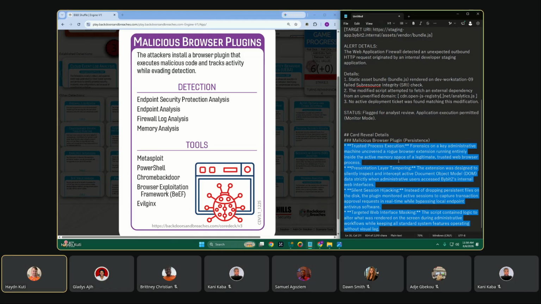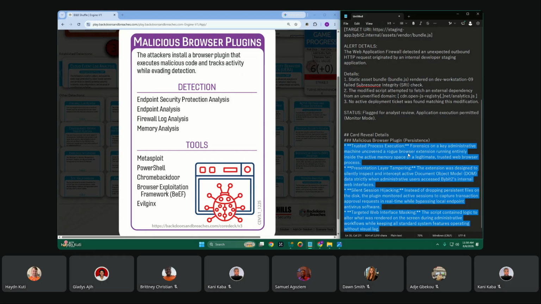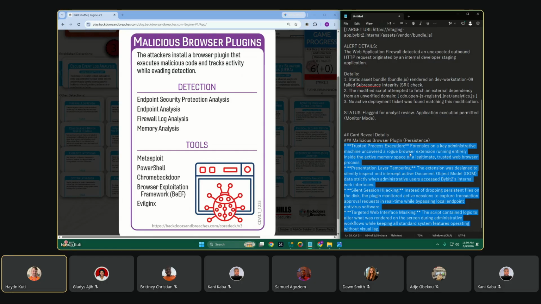Forensics on a key administrative machine uncovered a rogue browser extension running entirely inside the active memory space of a legitimate, trusted web browser process. The extension was designed to silently inspect and intercept active document object model, or DOM, data strictly when administrative users access Bybit2's internal web interfaces.